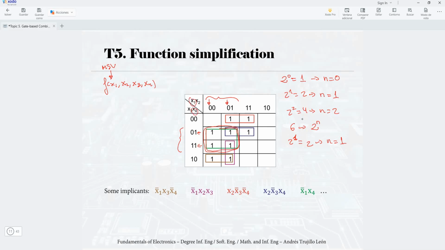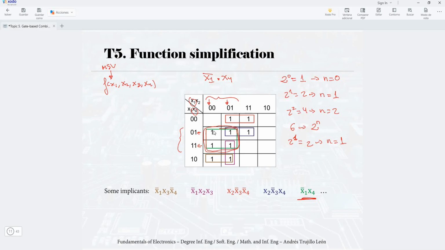Okay? So how can we form this product term? If the variable is 0, it's going to appear complemented. So x1 is 0, so it's complemented. If the variable is 1, it's going to appear uncomplemented. So this is the product term linked to this allowed group of 1s.